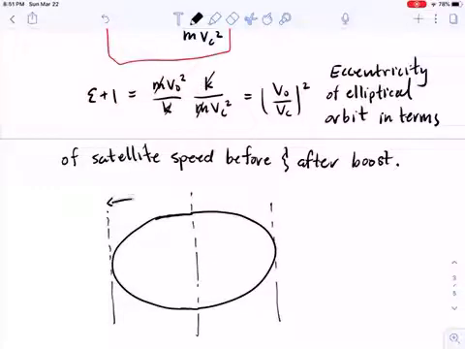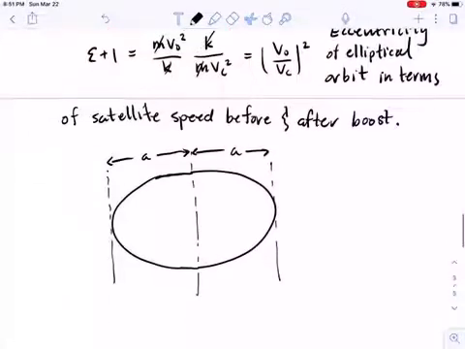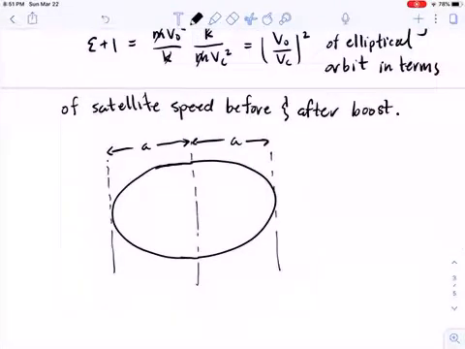Then this is the semi-major axis A. And so the total width of this thing is 2A. And if this is one of the focal points, then here is, say, r0, and here is r1, and this distance is the eccentricity times A.